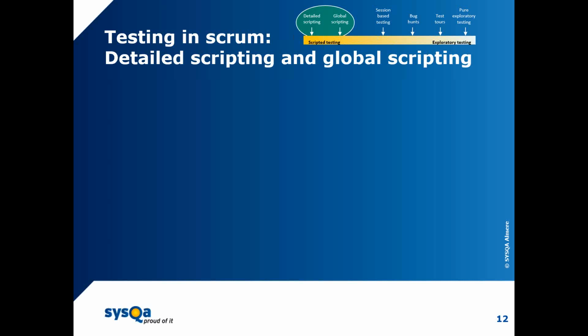I agree that it's the least applicable one. But a couple of weeks ago I was at the tech services department in the Netherlands, and they were building a very complex system with very detailed calculations. The business rules of these calculations are fixed. They're in the law actually, so for this particular system we could use detailed scripting in Scrum.